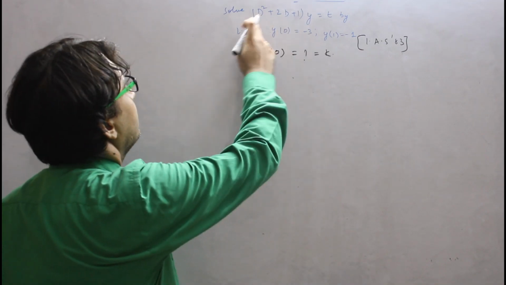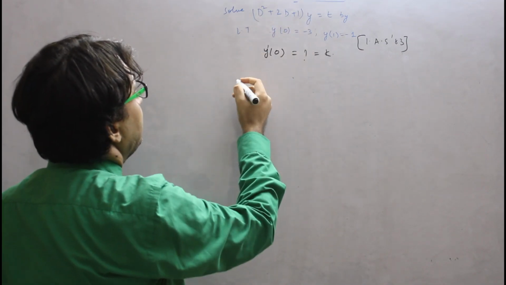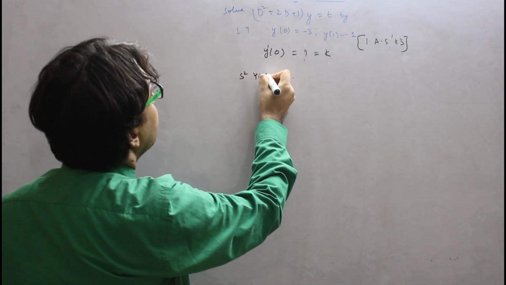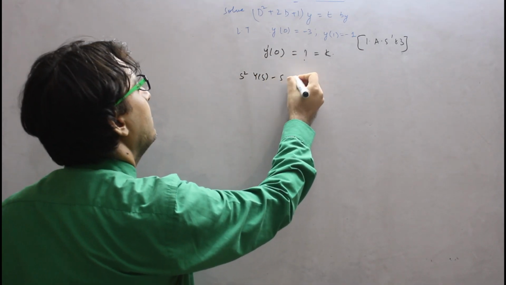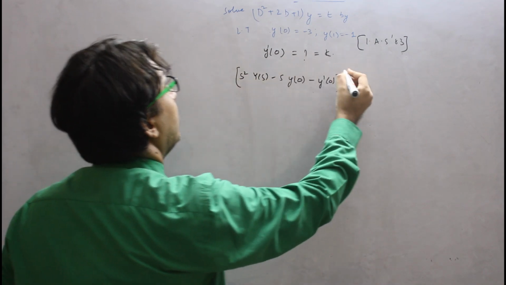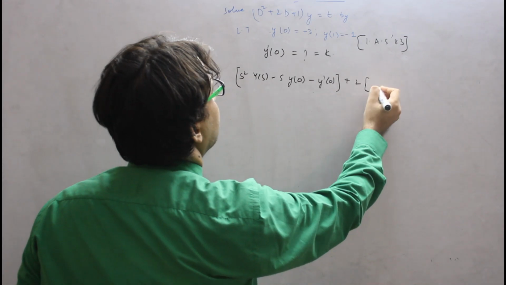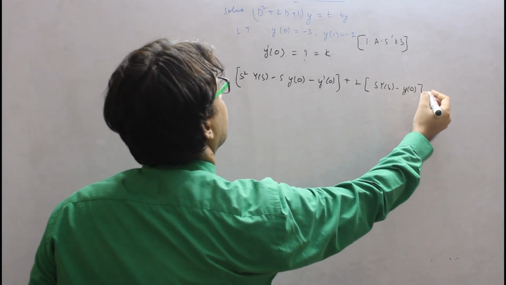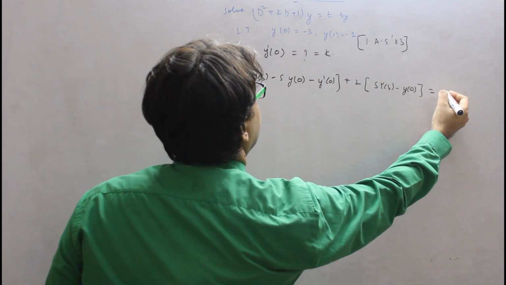First of all, you can write this Laplace transform as s squared Y(s) minus s y(0) minus y'(0) plus 2 times (s Y(s) minus y(0)) plus Y(s) is equal to the Laplace transform of t.